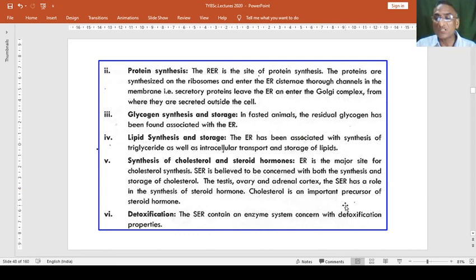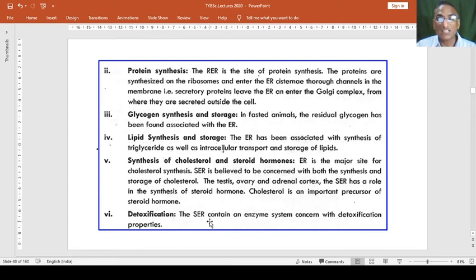Cholesterol is an important precursor of steroid hormone. Therefore, cholesterol is one of the important fatty materials saturated in the body.